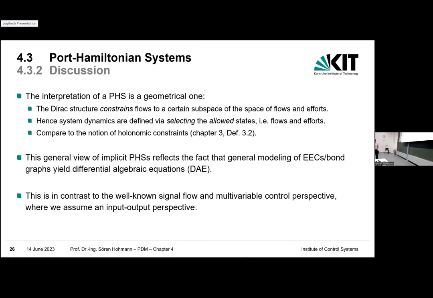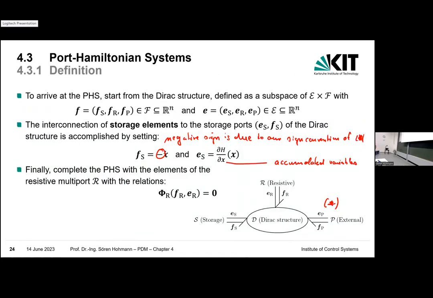Now I want to go back to one assumption I made in this slide. I said, okay, let's look at this slide of the effort definition. I said it is always possible to define an effort variable by means of the energy storing elements, and you might remember this is not true.